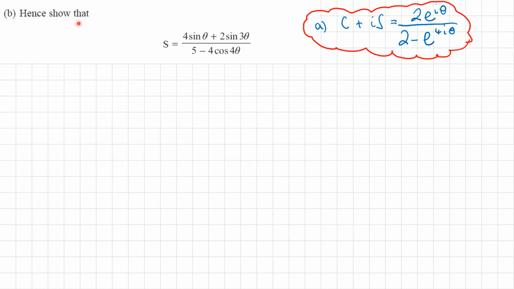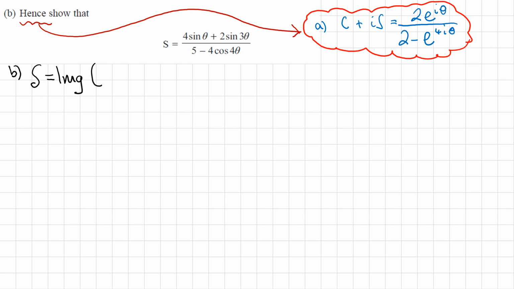Part B, hence show that S is equal to 4 sine theta plus 2 sine 3 theta all over 5 minus 4 cos 4 theta. Because we have 'hence', that means use what we proved in part A, which is what I've got here. And I notice that S is equal to the imaginary part of C plus iS.